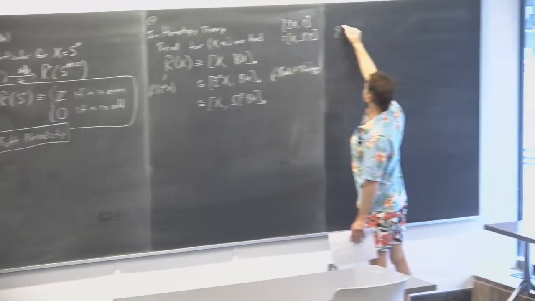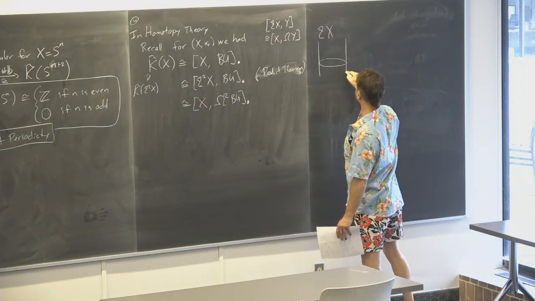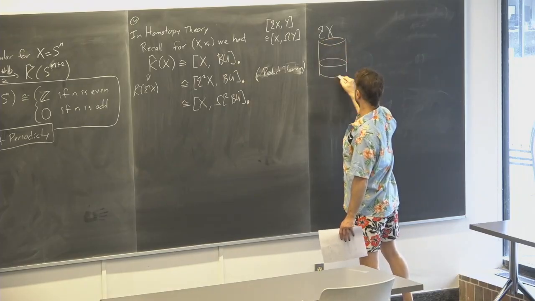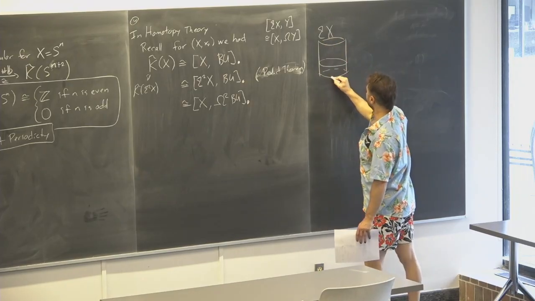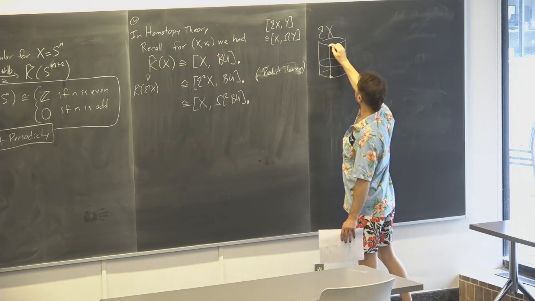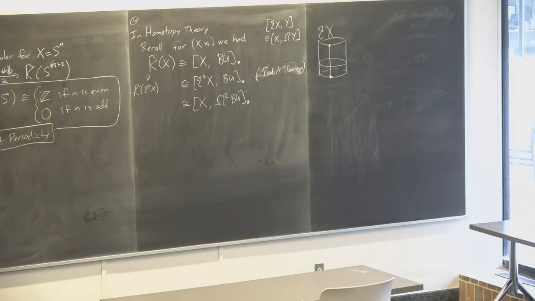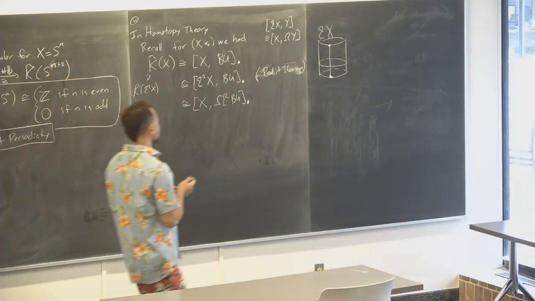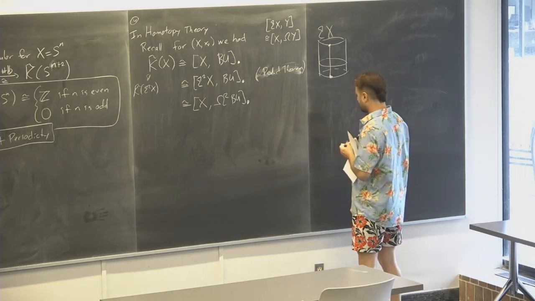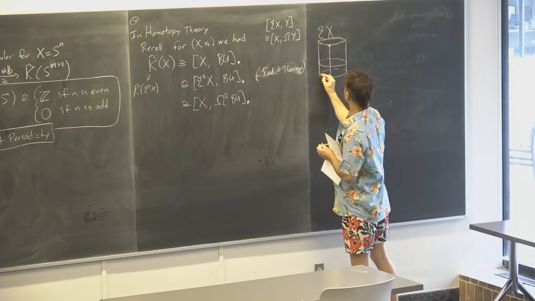So how do you draw the reduced suspension of X? You start with the cylinder on X. Let's say here's our base point. We want to collapse the top and bottom circles, and then that entire line passing through the base point of X. I'll draw maybe the top and bottom circles in red.